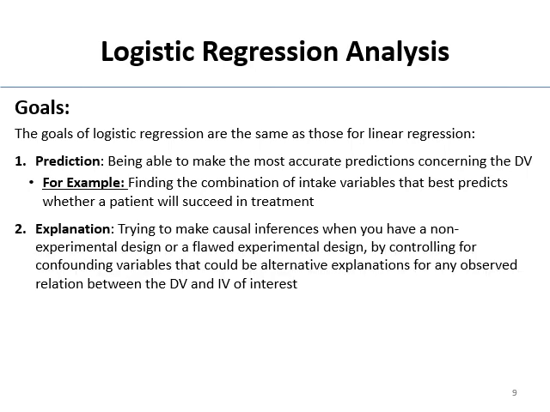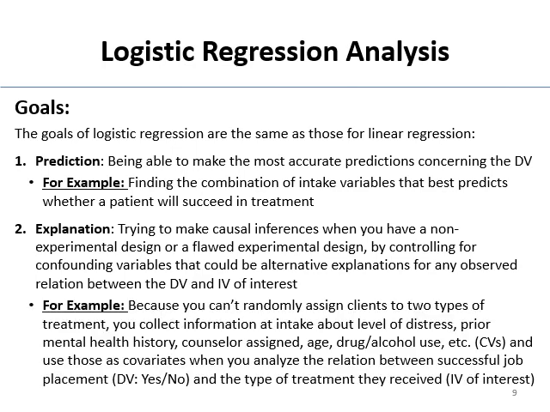Also explanation: you want to make causal inferences when you have a non-experimental design or some sort of flawed experimental design, and you want to control for a bunch of confounders, and then see, after I control for these confounders, is there a relationship between my IV of interest and the DV?